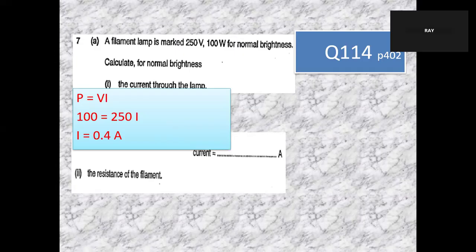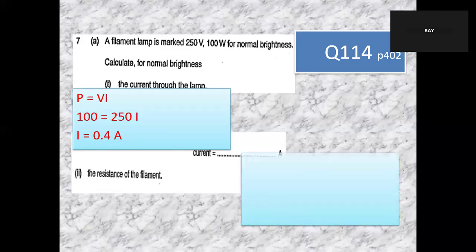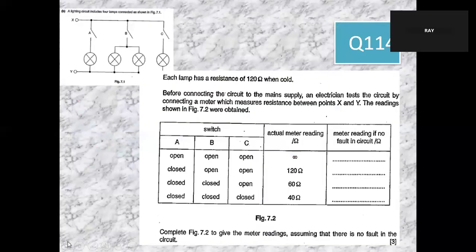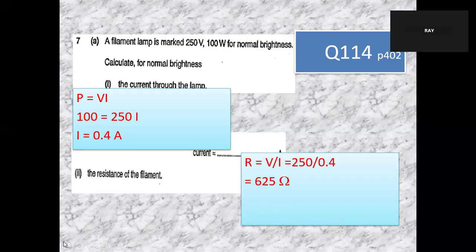And resistance, what is the resistance? Okay, use the formula. R is V over I.